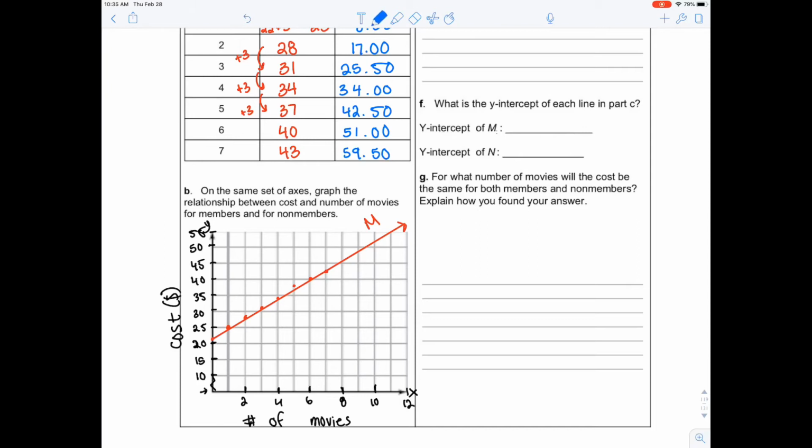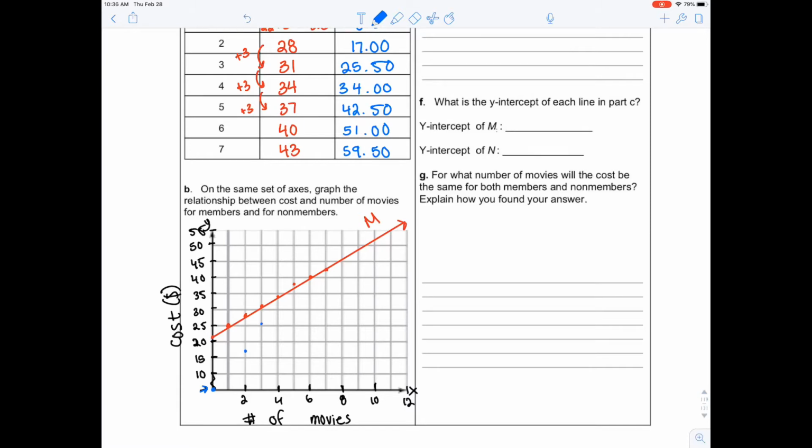All right, so N's, non-members, start out at 0, 0. Okay, and 1 movie costs $8.50. That's going to be somewhere like right there. 2 movies is $17.50, so somewhere here. Actually, forget about that first point because I drew this little squiggly line. That first point's actually going to throw off our data. So I'm going to include the 0 for 0 movies and go straight to 2 movies, okay? 3 movies is at $25.50, so just slightly above there.